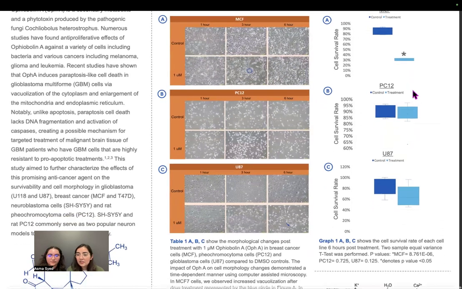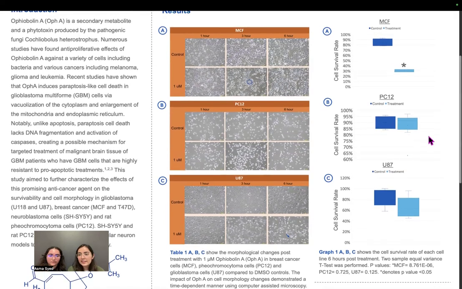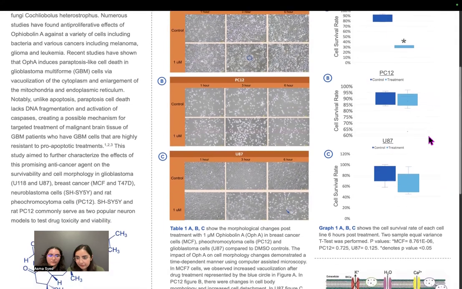And in our PC12 line, which was our pheochromocytoma cells that again served as our neuron model, there was not a statistically significant difference in the drug group versus our control group, which is great because that potentially indicates that there is not a lot of toxicity associated with our drugs, meaning that there may be strong indication that this drug could be a safe drug potentially in animal models in the future.